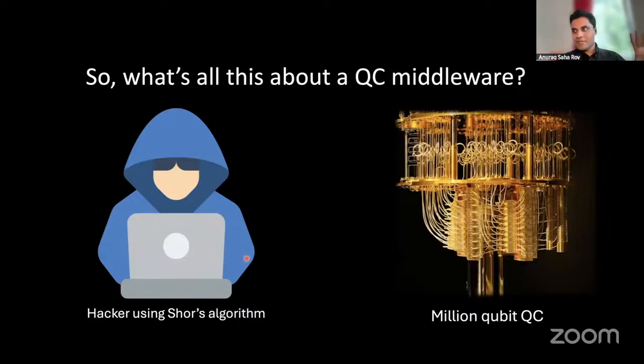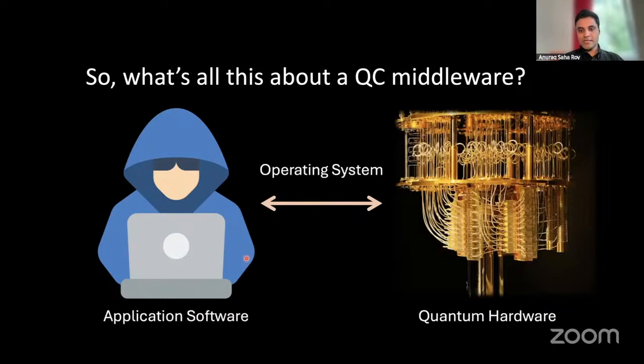So you have these two ends of the spectrum. What you might not have thought about is what happens in between. How does the quantum algorithm, it could be Shor's, could be VQE, could be QAOA, how does it work on the quantum computing hardware? So this is essentially the domain that we're talking about today.